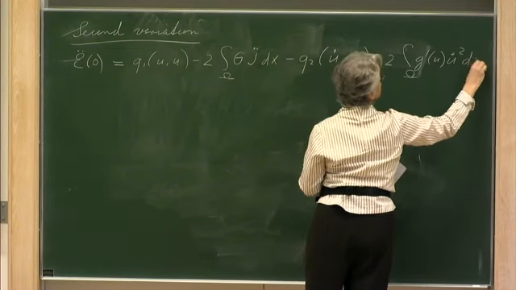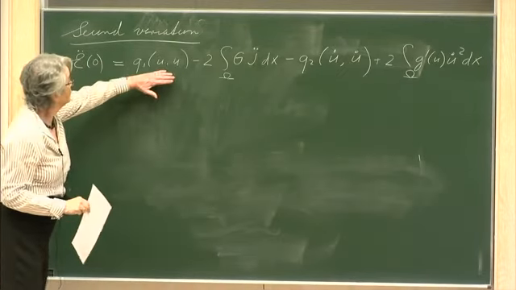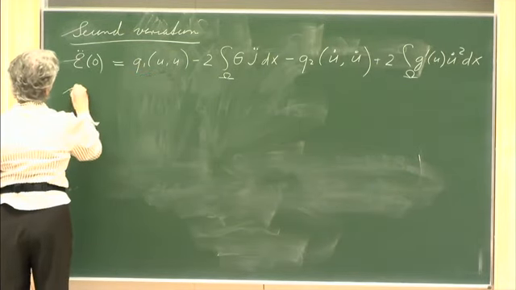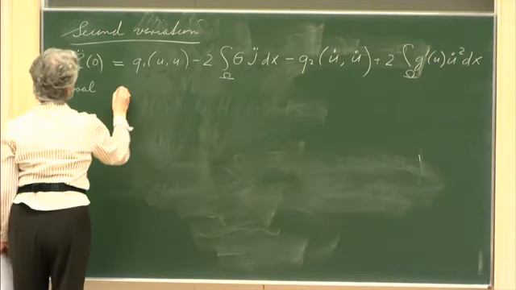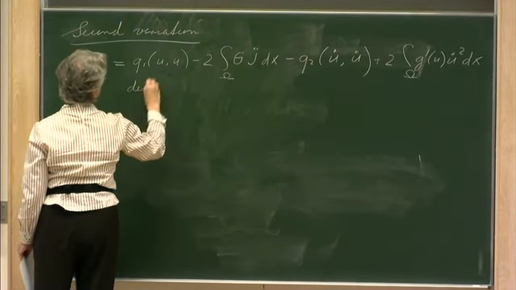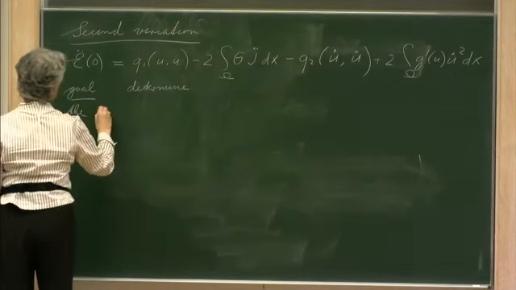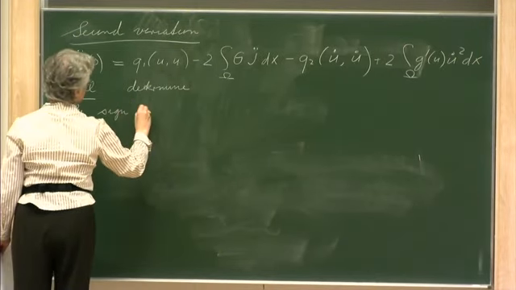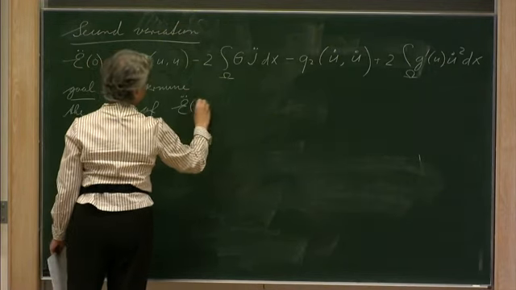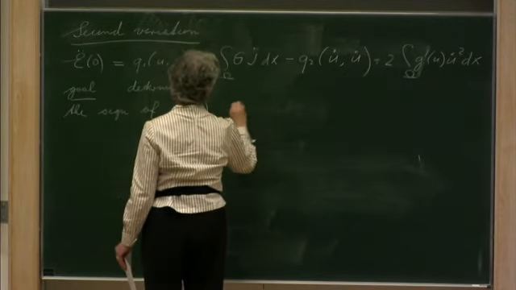And so the goal is to estimate or to determine the sign of the second variation for volume preserving transformation perturbations.